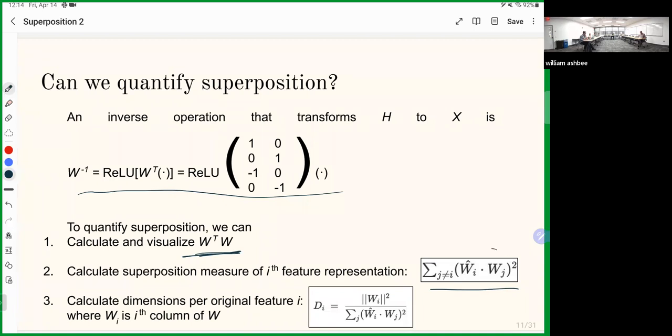That's the idea of this measure. And another thing is we might want to calculate the dimensions reserved for an original feature. It's basically just a correlation matrix.